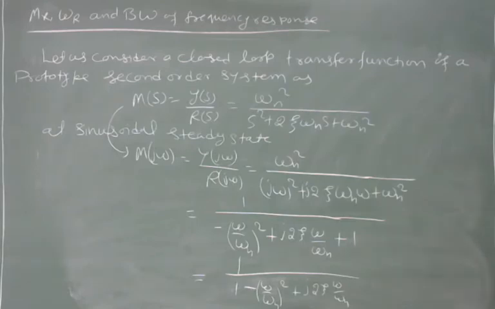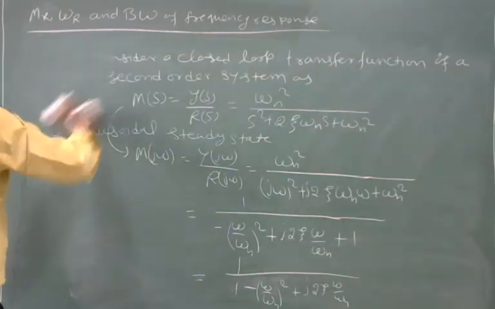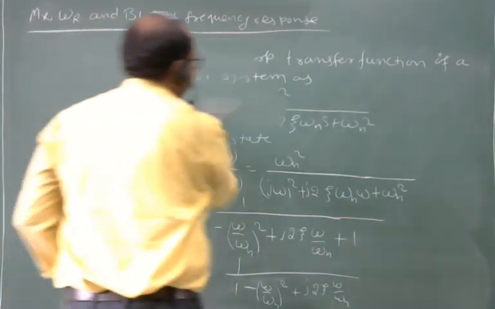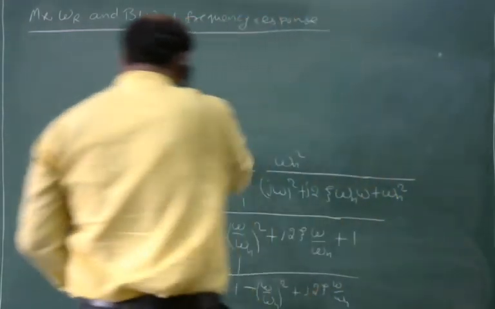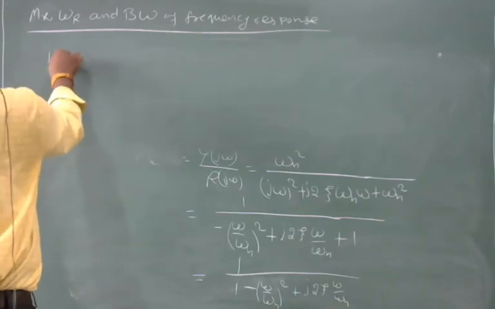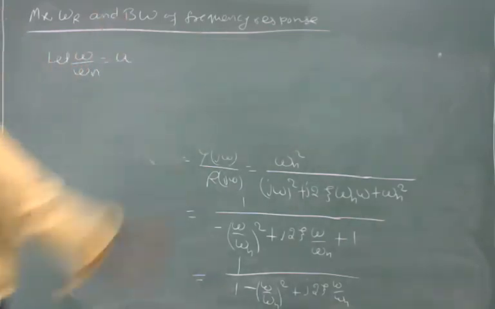And let omega by omega n be equal to a variable u.